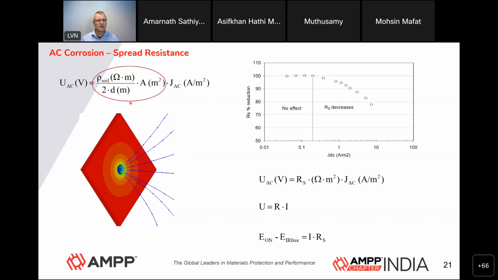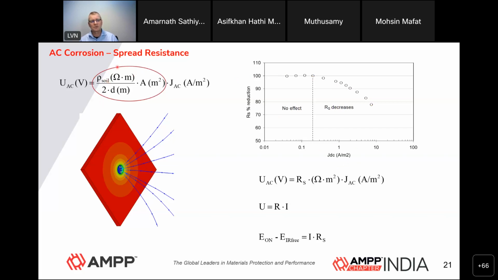This factor is really not only dependent on the soil resistivity, because you will learn that if you start making a cathodic polarization by applying some cathodic protection current to a coating defect, at a certain point, if you display that amount of cathodic protection current and show the spread resistance on the y-axis, you will see at some point you start to have excessive cathodic protection current density, meaning that you take control of this environment.